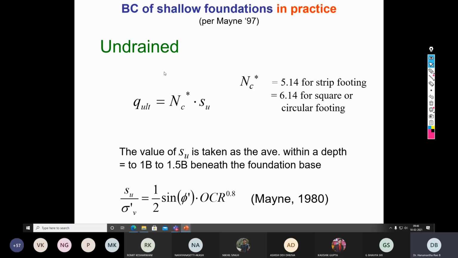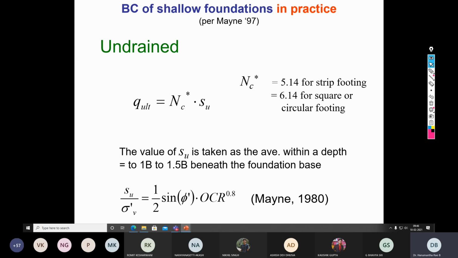Now another important thing is that when you talk about undrained, the soil will not show any kind of friction. That's the meaning of undrained in this slide. Okay, and the same thing you can observe in a couple of the tables pertinent to Terzaghi's theory or Meyerhof theory.